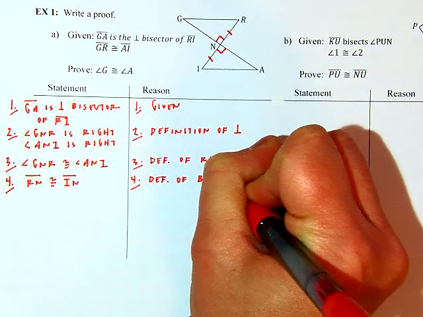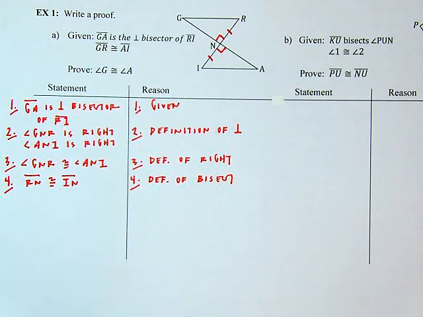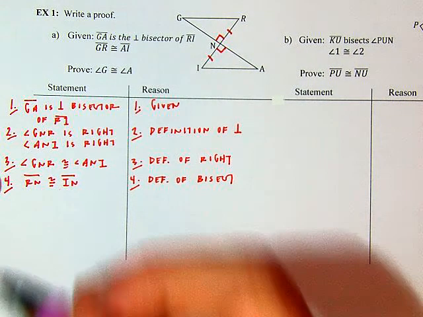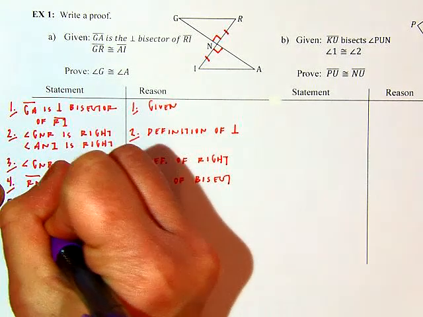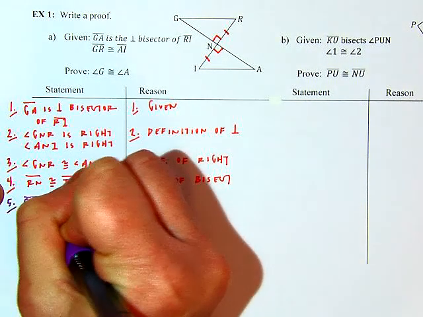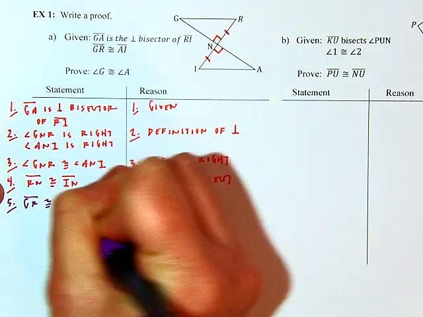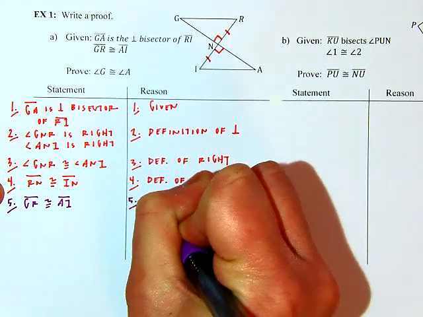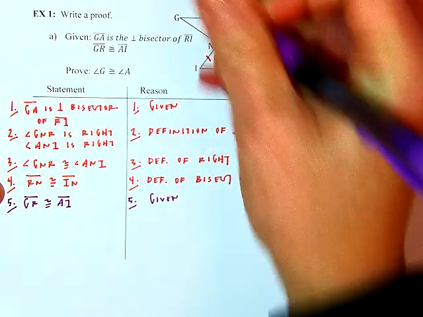All right, so now that I have used that given, I've built off the perpendicular relationship and the bisect part as well, now I need to look at my other given. I'm given that GR is congruent to AI. Given, and then mark the picture.